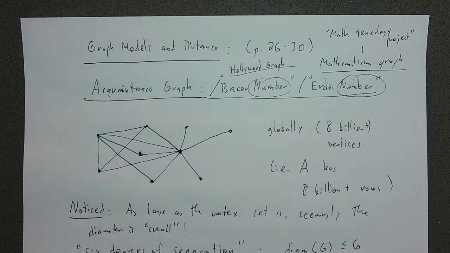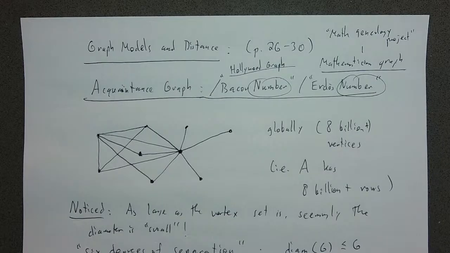So you can track your mathematical lineage going back to, and because some of these famous mathematicians had so many students, most mathematicians active now can trace their math lineage directly to either Euler or Gauss, or maybe even back to Leibniz.